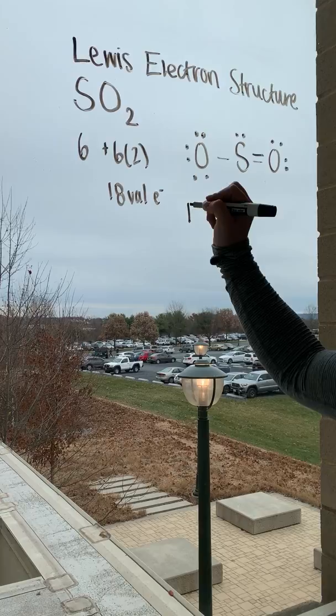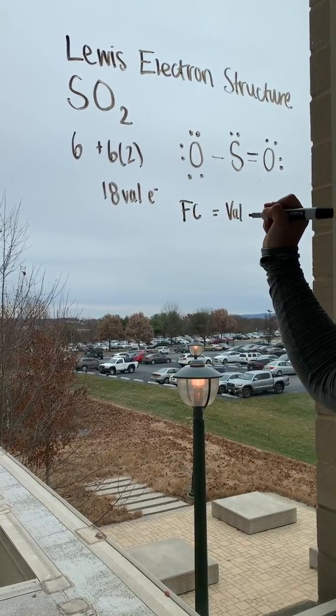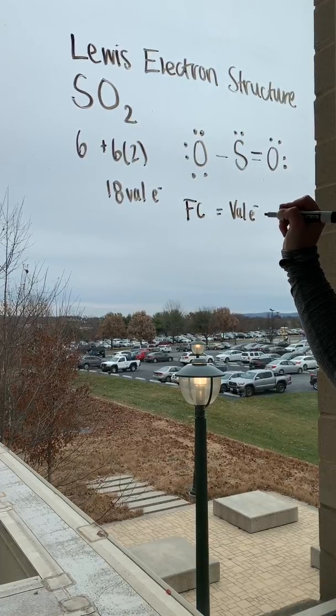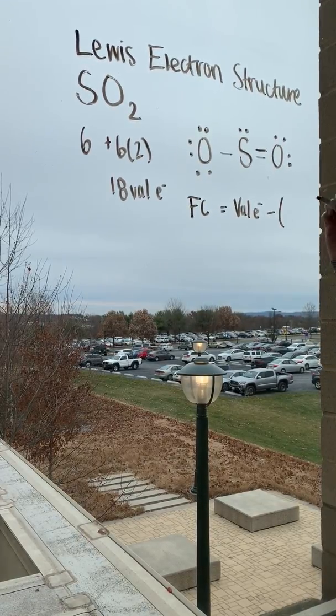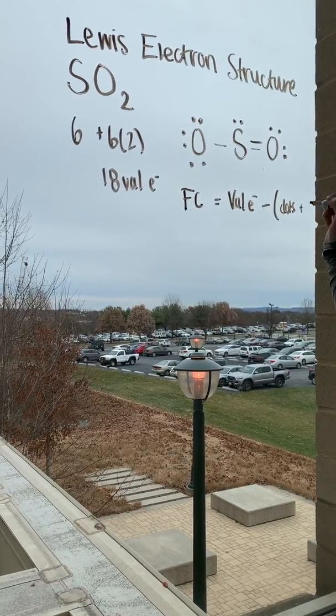So the way to calculate formal charge is to have the valence electrons subtracted from the dots and sticks that we have.